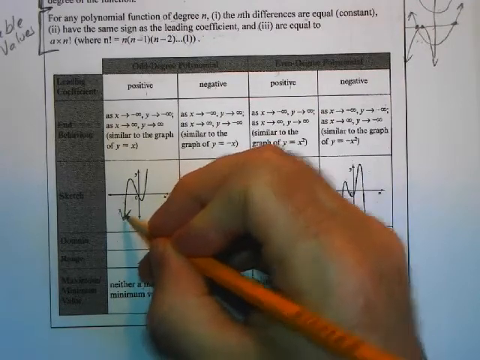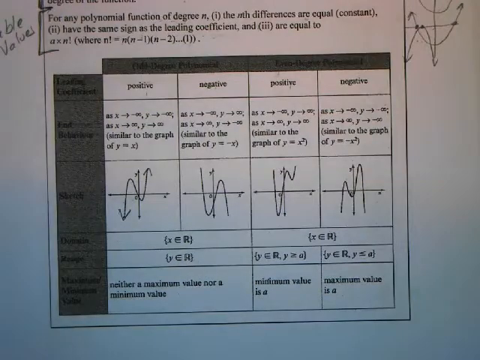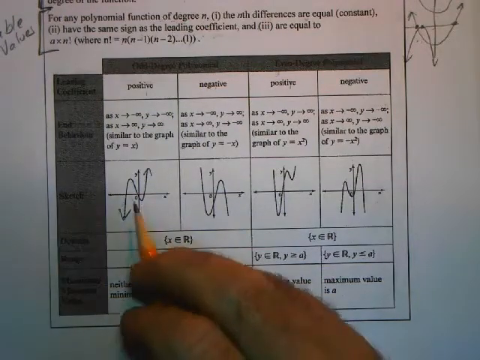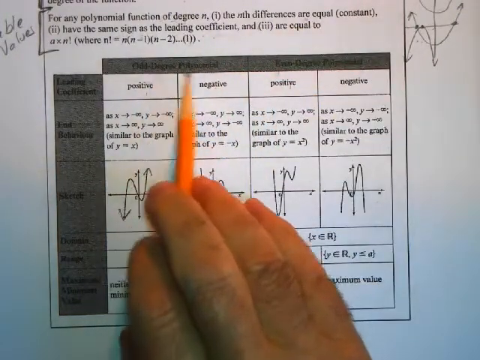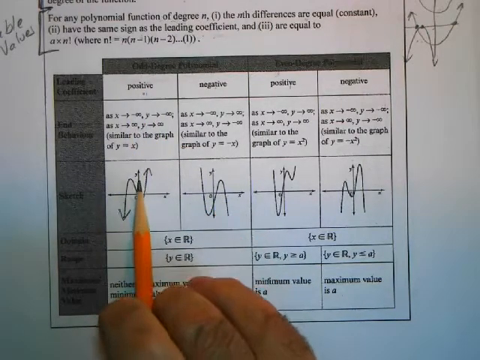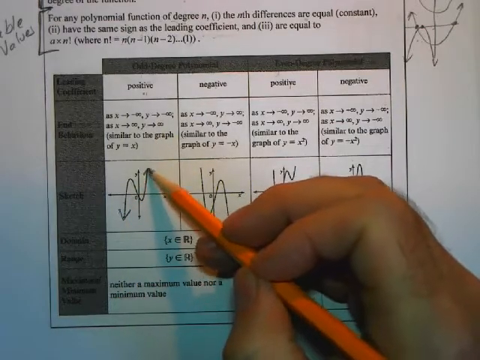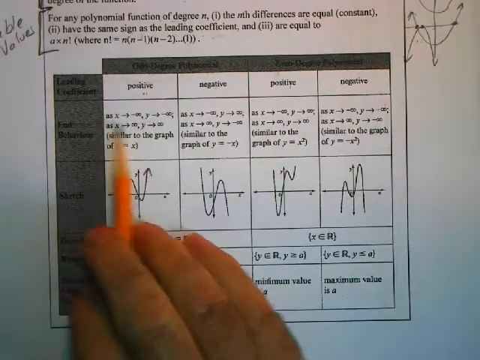You can see where these functions are heading off into the distance on the left and right side. So what this is saying is all odd degree polynomial functions with a positive leading coefficient, for example, y equals 3x cubed, would have this same behavior at the ends. Okay, and that end behavior is listed here.